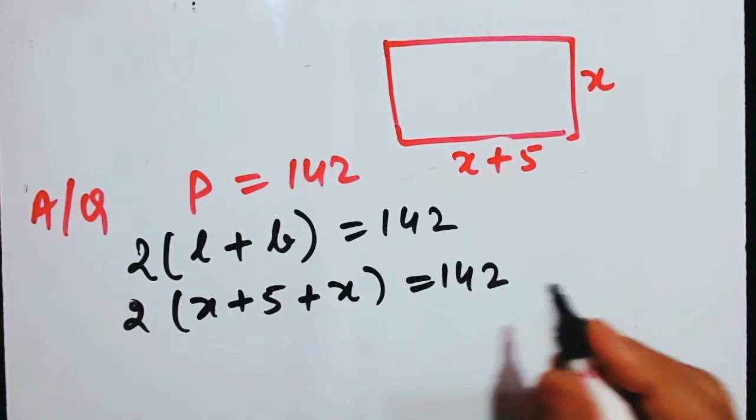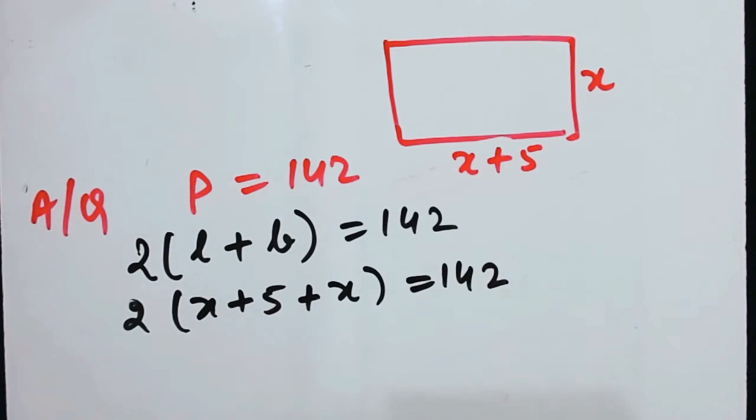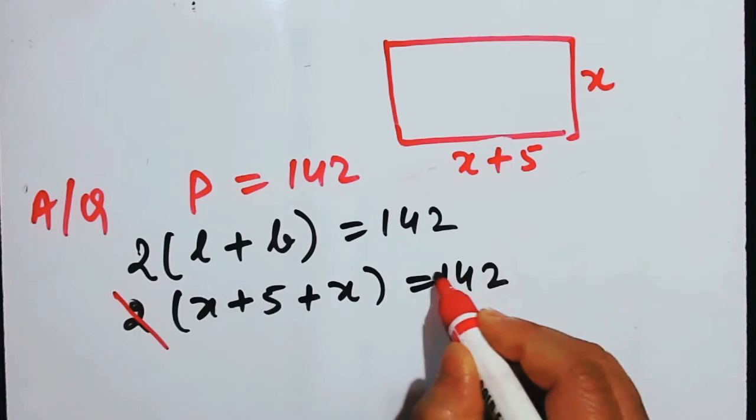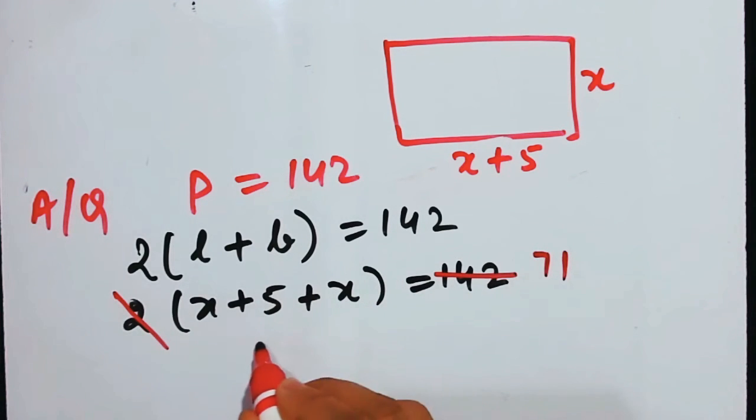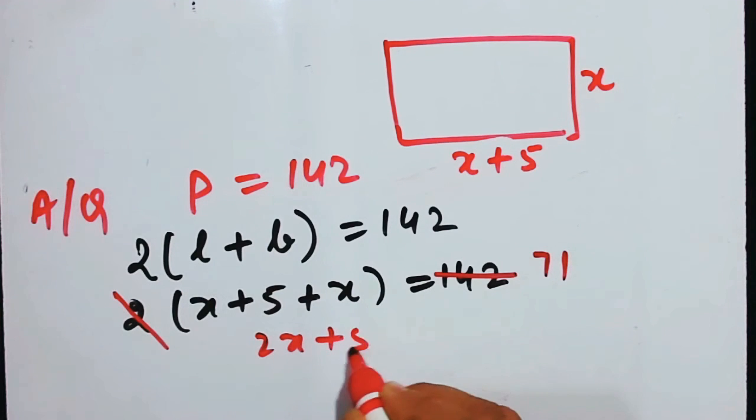Now it's up to you to solve this linear equation. Since both of them, this and this, are in multiplication form, you can cancel here to save your time. 2 sevens are 14, 2 ones are 2. 2x plus 5 is equal to 71.